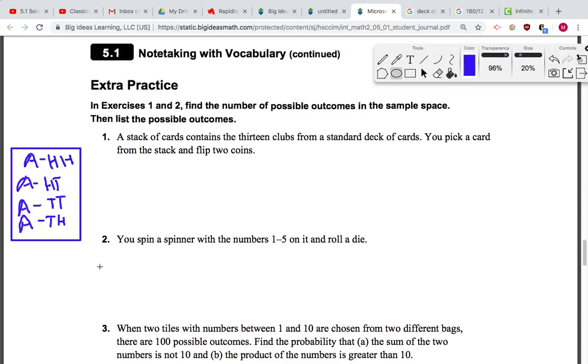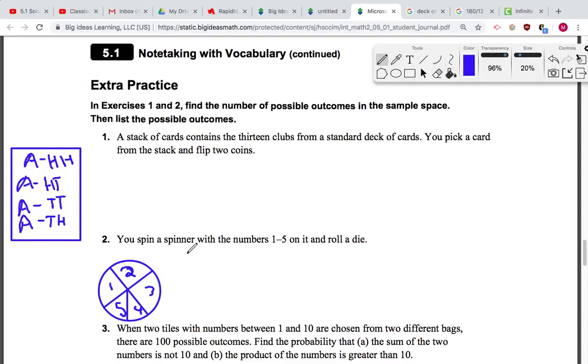You spin a spinner with the numbers 1 through 5 on it. I'm going to try to make a reasonably spaced one, and pretend these are even spaces, even though I know I drew them terribly. So we have 1, 2, 3, 4, 5, and roll a die. A die has 6 sides.